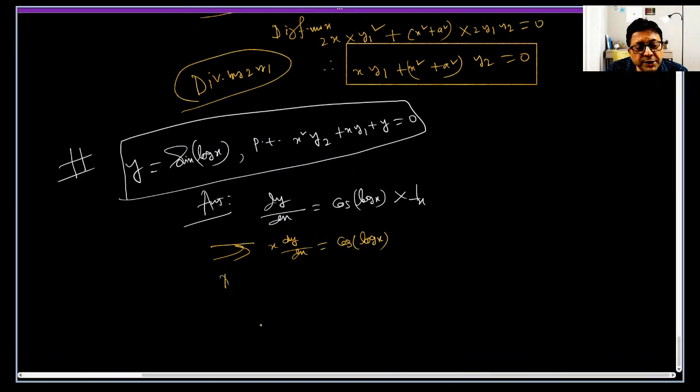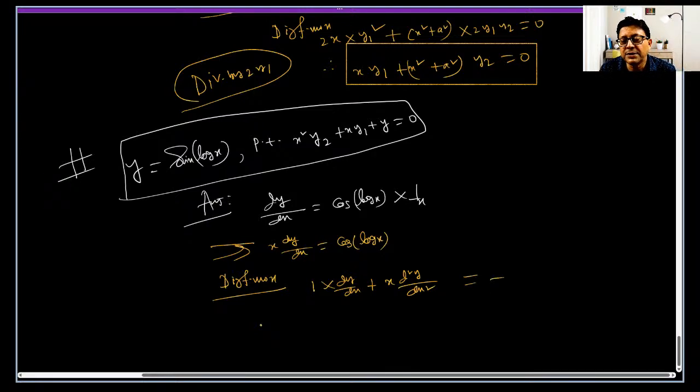So differentiating with respect to x, 1 into dy by dx plus x d square y by dx square. Derivative of this is what? Minus sine log x by x. See the advantage? The term you have started with, you got it back.